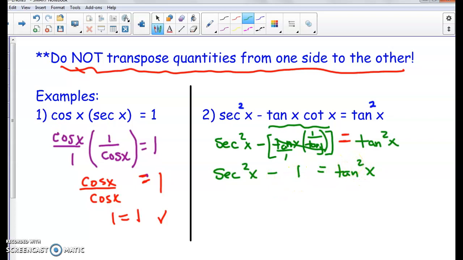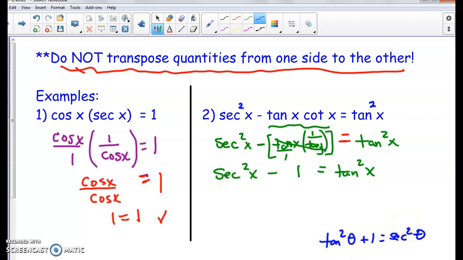I'm going to go to my reference sheet, and I notice that at the bottom, underneath that Pythagorean identity section, the second one, I'm going to jot it down here, says tangent squared theta plus 1 is equal to secant squared theta. So this is a Pythagorean identity.